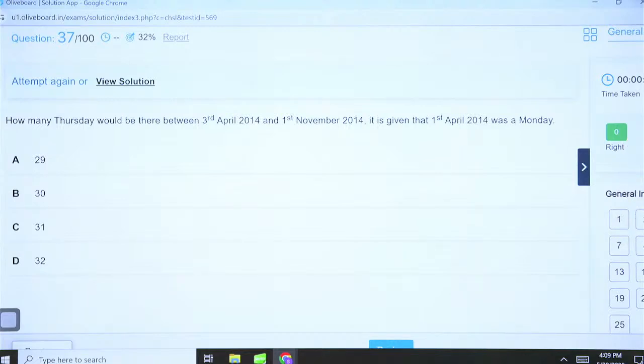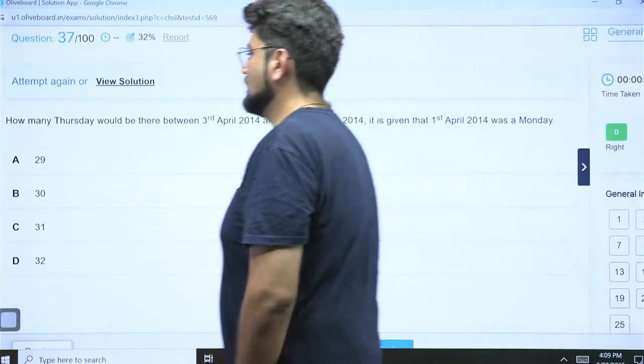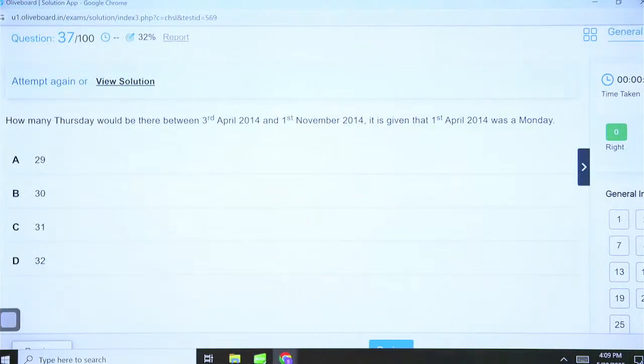How many Thursdays would be there between 3rd April 2014 and 1st November 2014? It is given that 1st April was a Monday. Now here technically there are multiple options with which you can proceed.